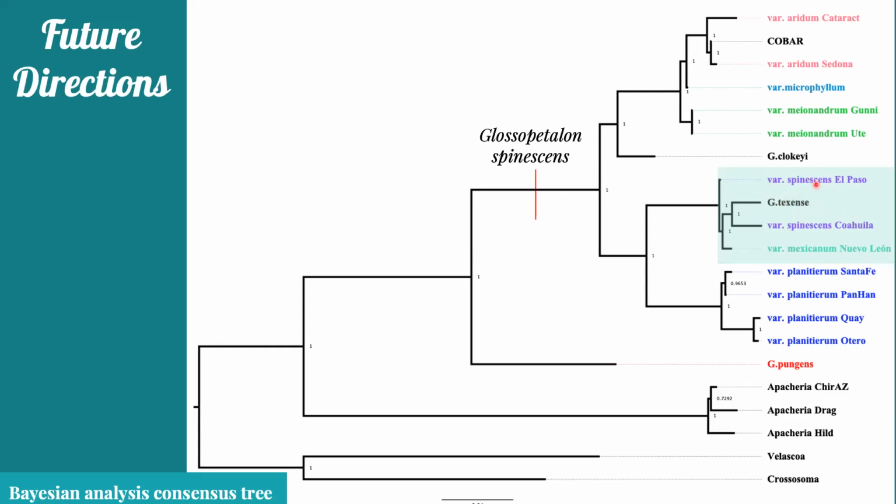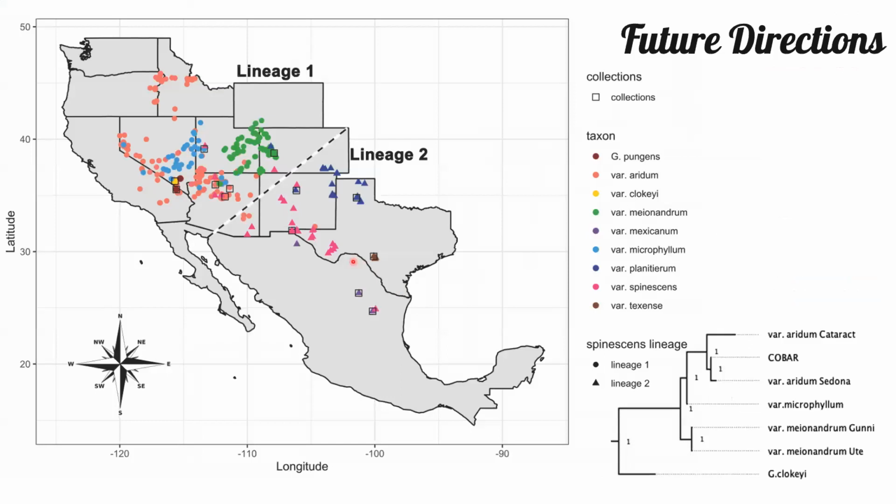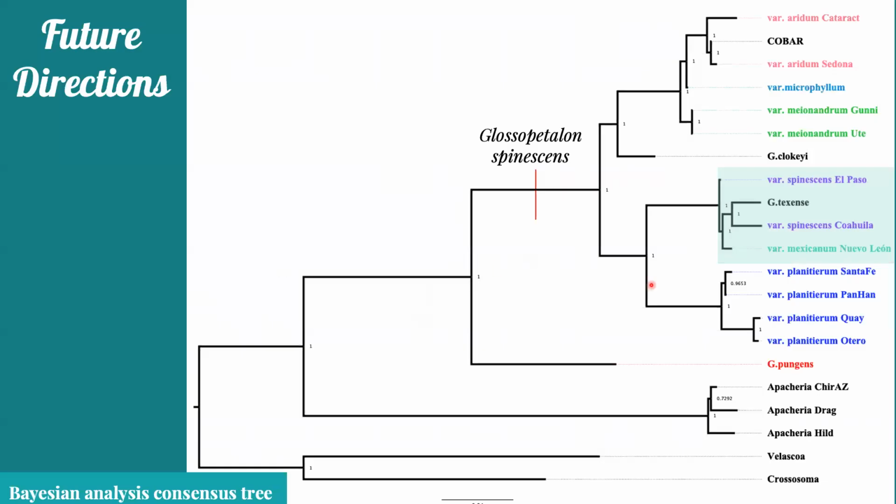So what really needs to be done is better sampling in northern Mexico and throughout Texas to see if there's more population structure there. This is a lot of land, right? That's a ton of land. Once we have that, we could have this re-elevated to its own taxon, because then you would have the infrastructure to conserve it and advocate for your native flora based on the taxonomy. Also, it would just be interesting.